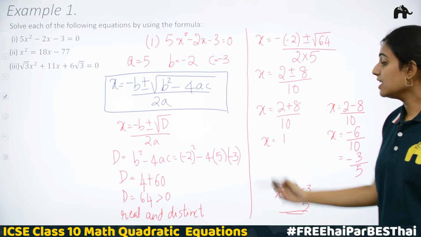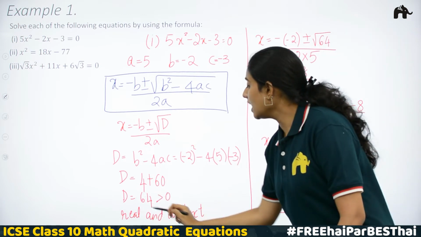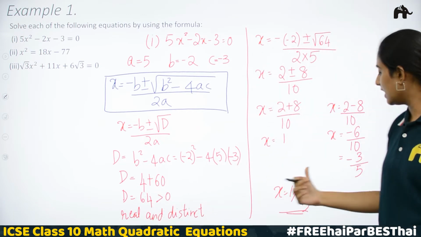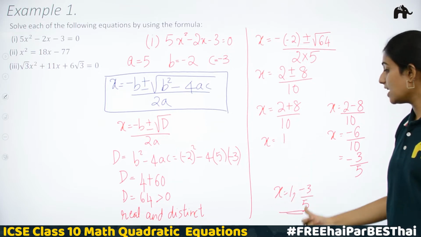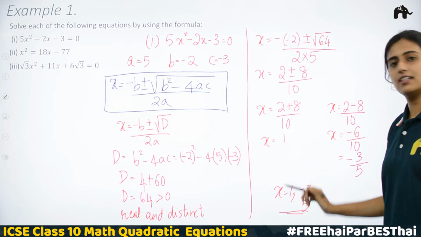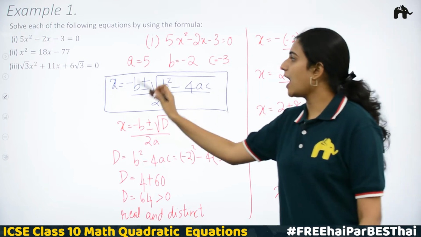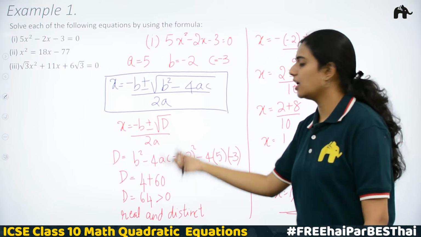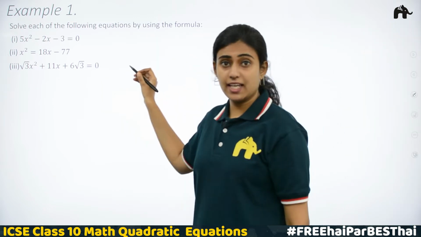So when we studied the discriminant, we got real and distinct roots. Here, when we solve the question, the values of x are real and distinct. Got it? From the next question, we'll just apply the values in this formula. It is not necessary that you find the discriminant. Now let's solve the second part.